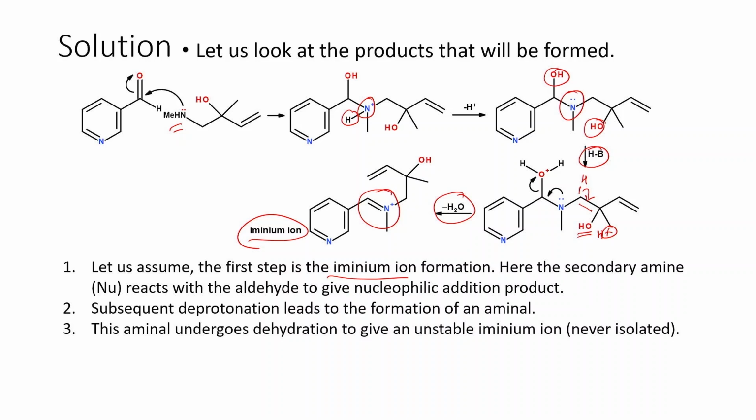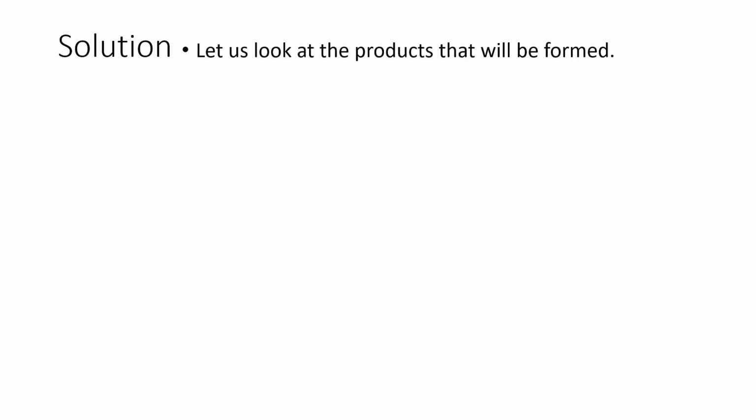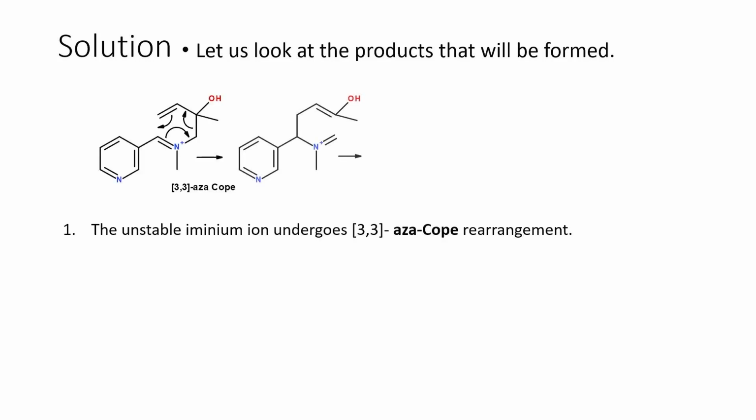And this intermediate, the iminium ion, is never isolated because it is quite unstable, and this iminium ion can only undergo the 3,3 aza-Cope rearrangement, that is, the 3,3 sigmatropic shift is the next step that is given. Even though the other isomer can also be formed, we are mainly focusing on this particular iminium ion because that is how the next step is given in the question paper as one of the options.